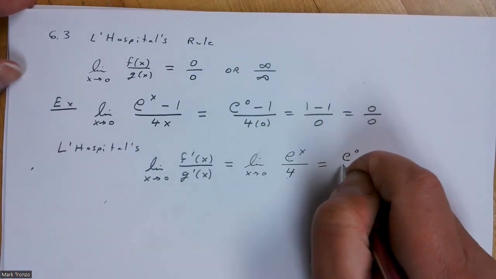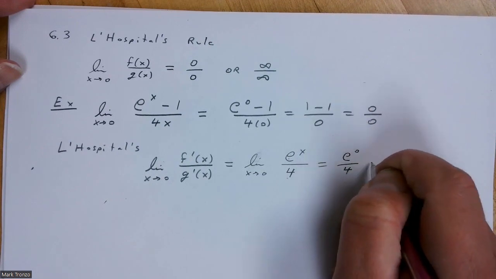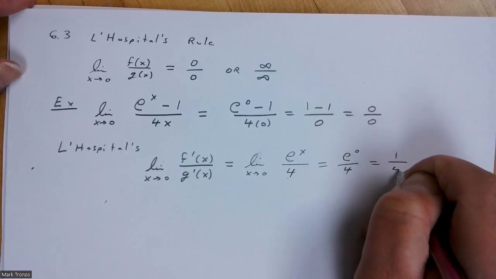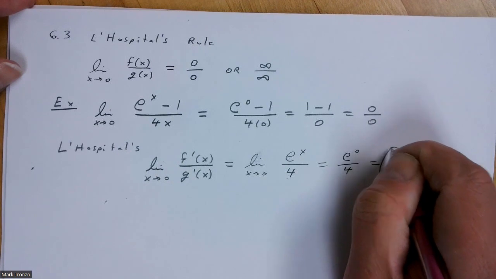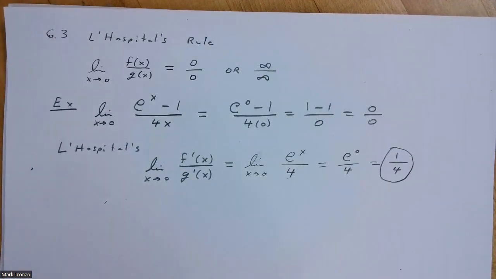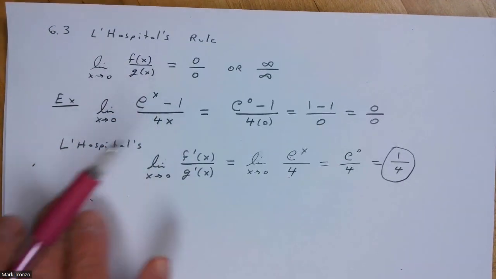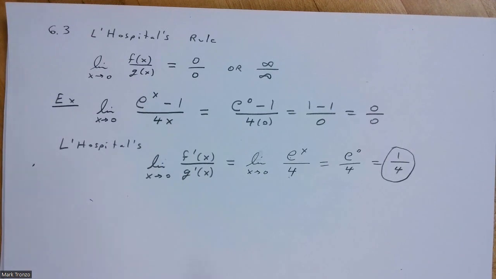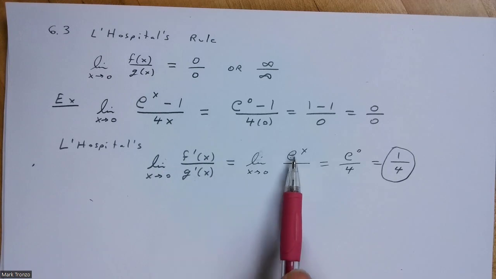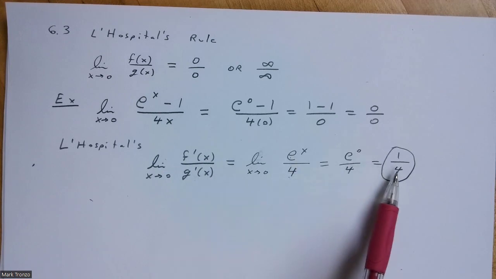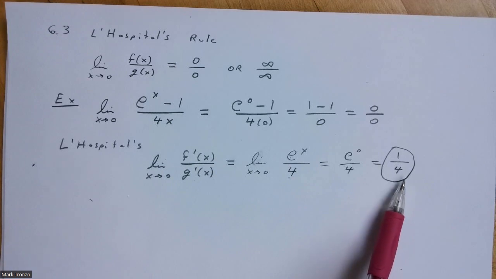There'll be e to the 0 over 4, which is equal to 1/4. That's one simple example of how to apply L'Hopital's rule: if you get 0 over 0 or infinity over infinity, you can take the derivative of the numerator, divide by the derivative of the denominator, and then put those limits in and see what you get, and that will be your limit.